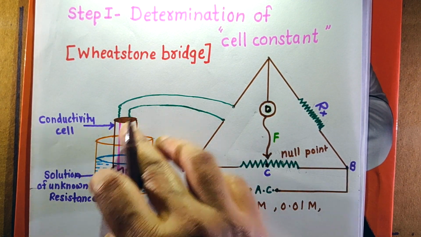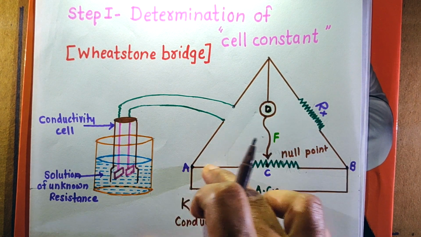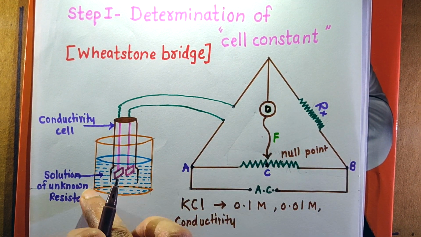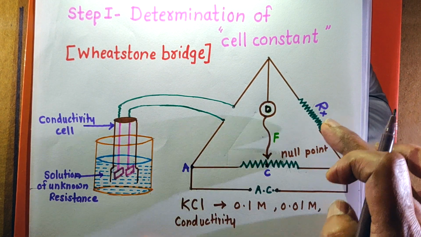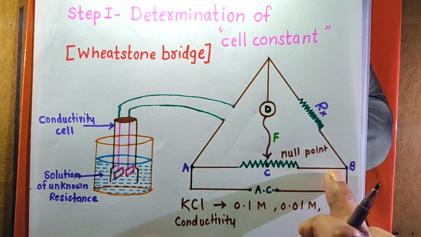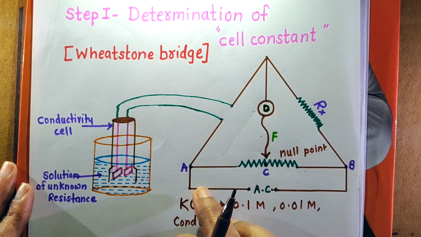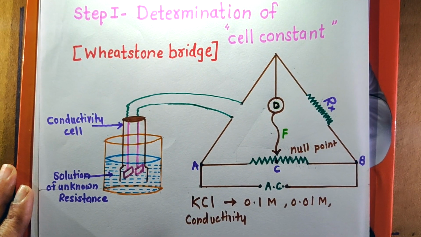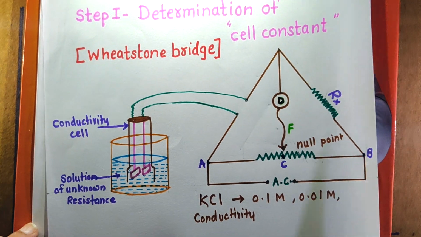Now according to the Wheatstone bridge principle, you know that the length on this wire and the resistance of this solution are proportional to each other. The resistance on this side and the length on this side are proportional to each other, and by using this Wheatstone bridge principle we can determine the resistance of this solution.